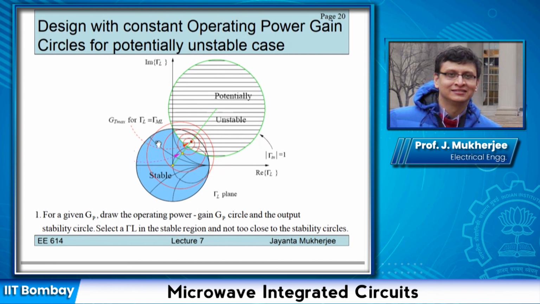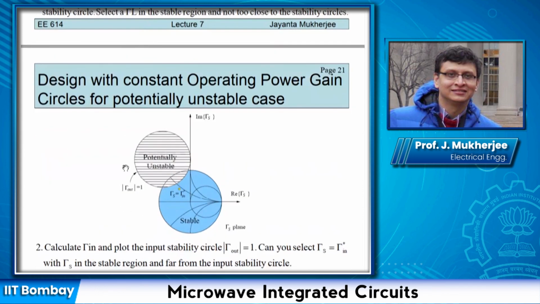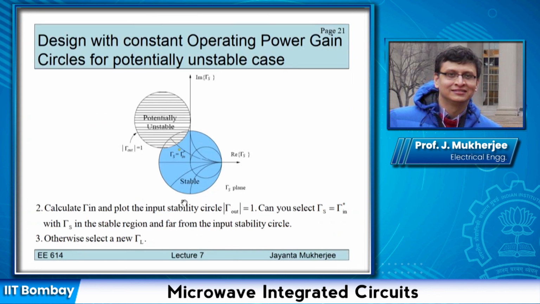We choose a value of gamma L, we then find out gamma in and set gamma S as per this equation. Then we draw the input stability circle and see whether gamma S lies in the stable region or not. If not, then we have to redo the whole process.